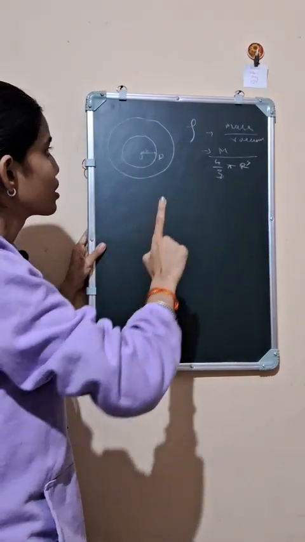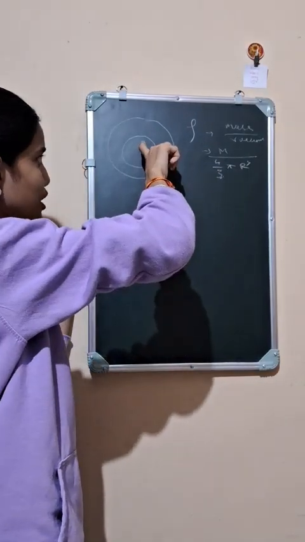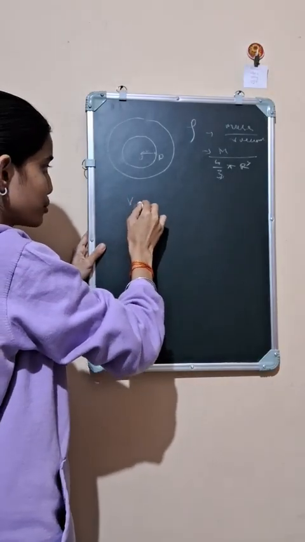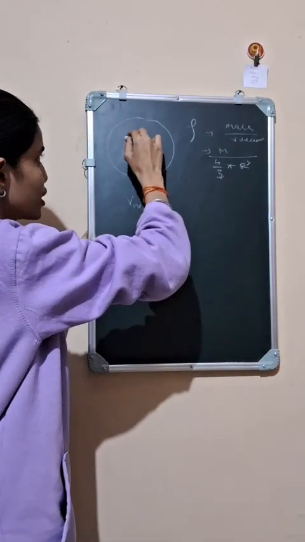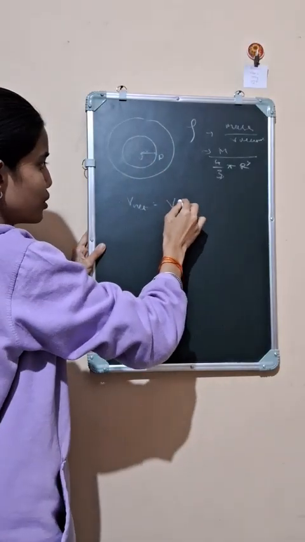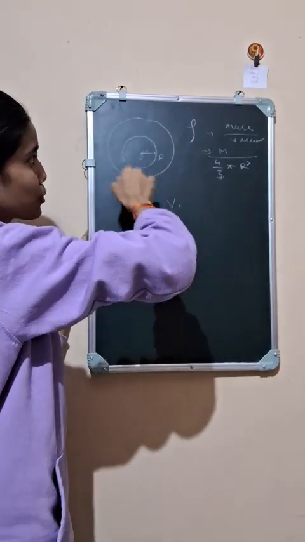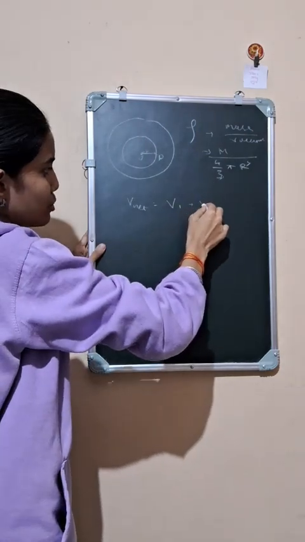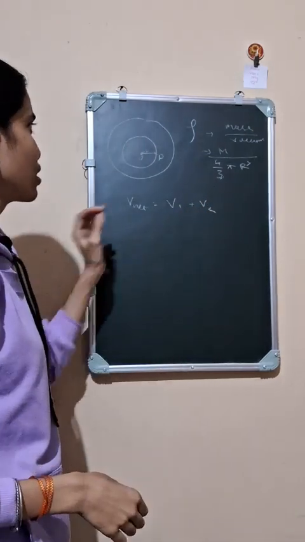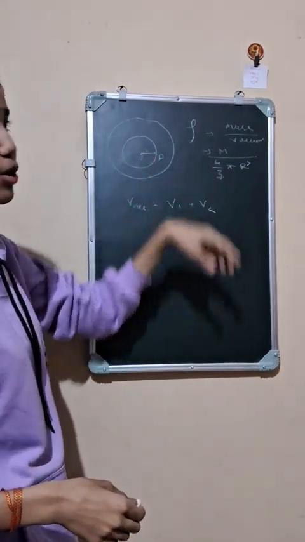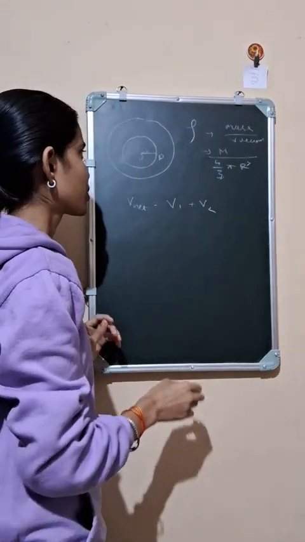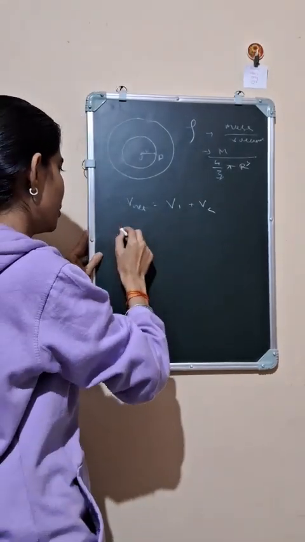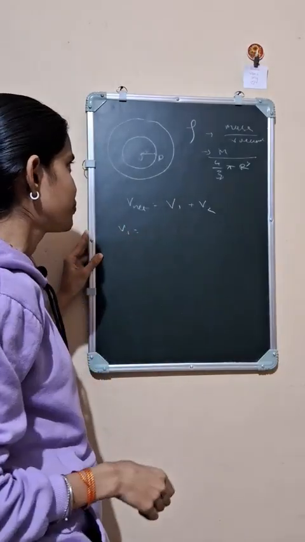And now we first calculate the potential. Net potential will be equal to the potential due to this solid sphere, that will be V1, plus the potential due to the spherical shell, V2, outside the Gaussian surface containing point P. So what will be V1?